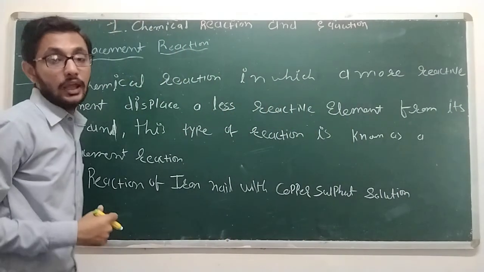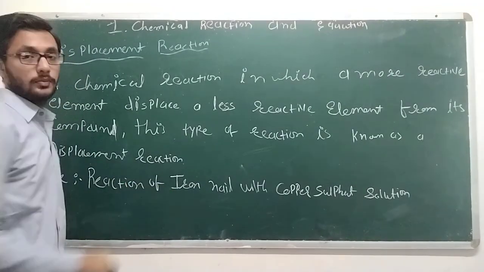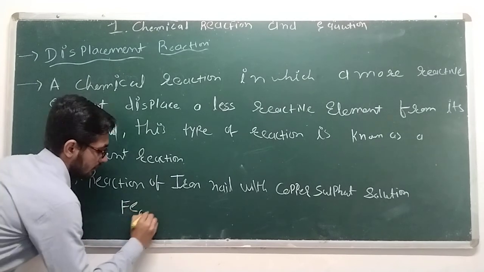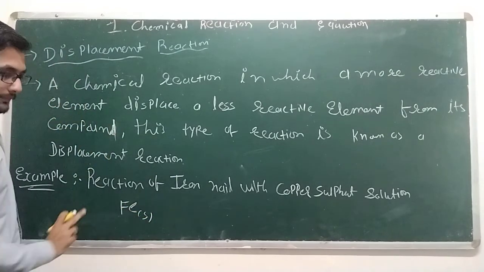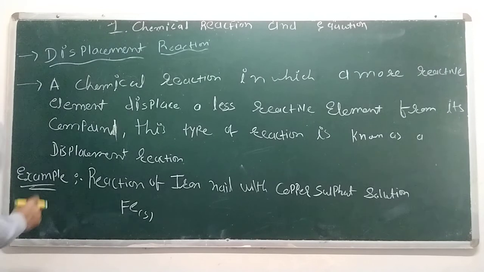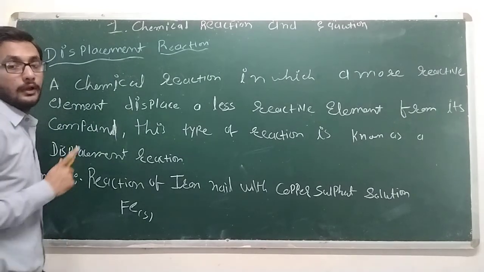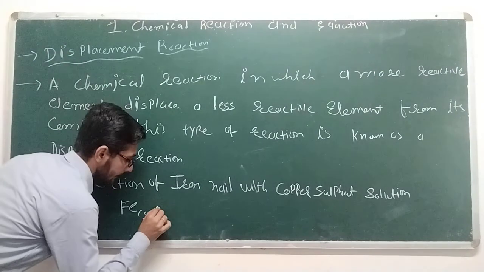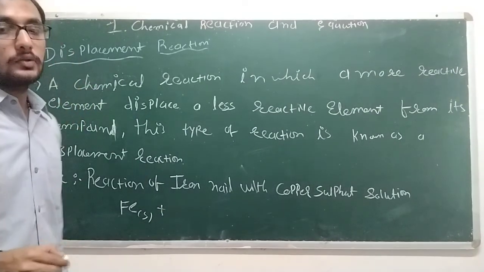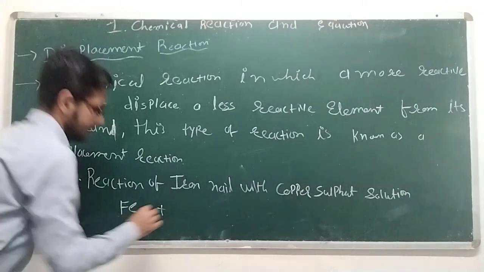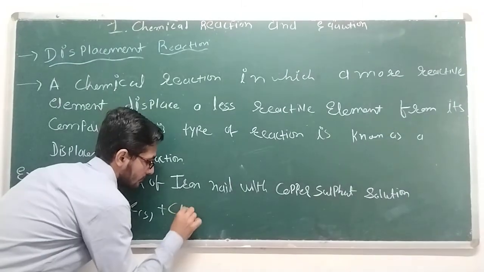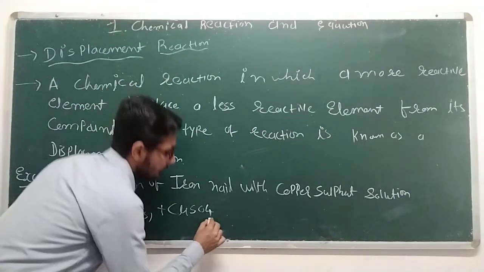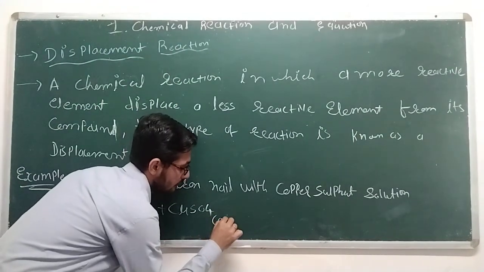Let us write a chemical equation of this statement. Here, the iron nail is denoted by Fe. Iron is in solid form. Now, copper sulfate solution form means it is in aqueous form.